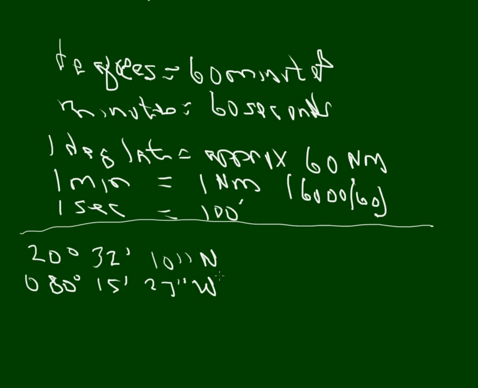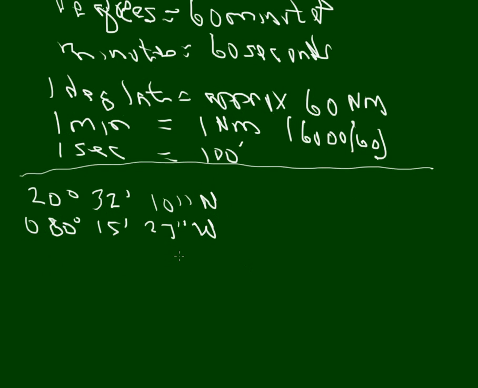So here is our coordinate given in degrees, minutes, and seconds. So that is a common way of stating a GPS or a lat-long coordinate.